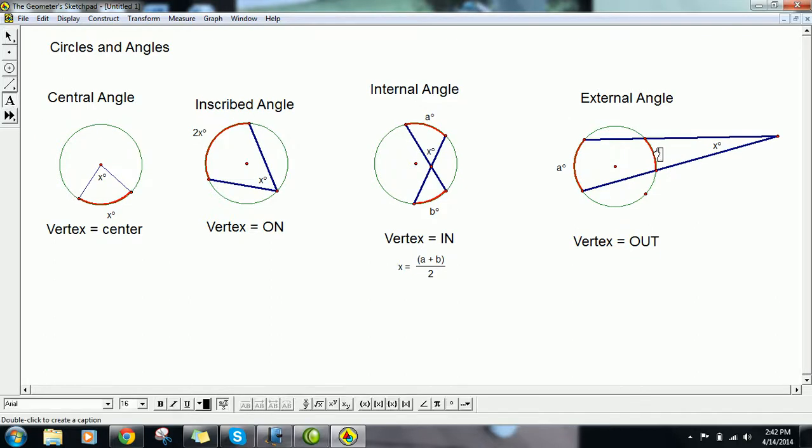The way we can evaluate that external angle, with the vertex outside of the circle, is that the external angle is half of the difference of the two intercepted arcs. So that external angle, x, is equal to the bigger intercepted arc minus the smaller intercepted arc. In this case that would be A minus B, and we divide that by 2.